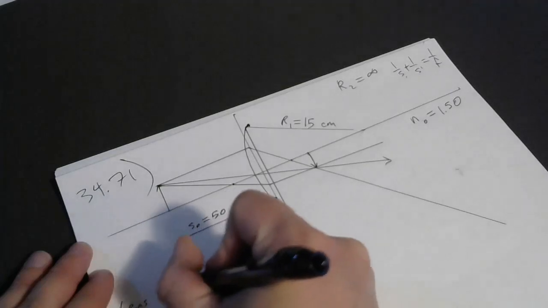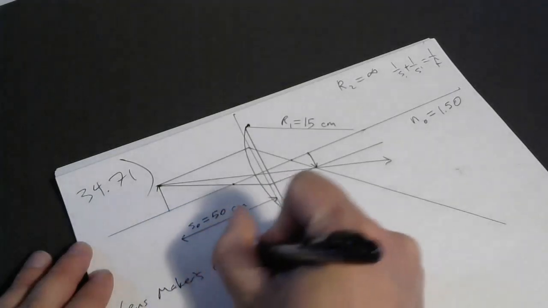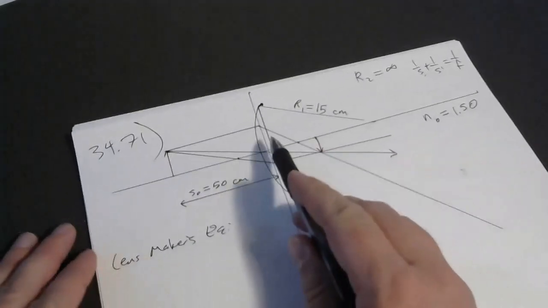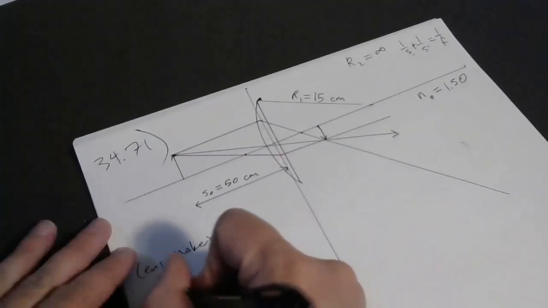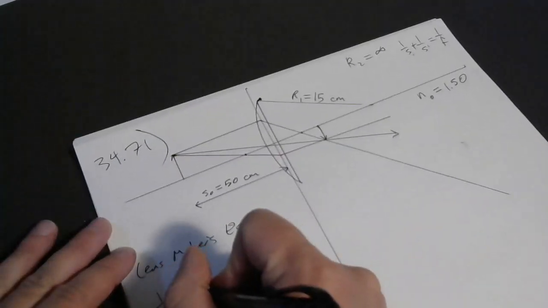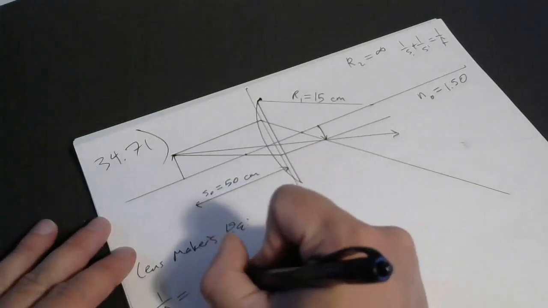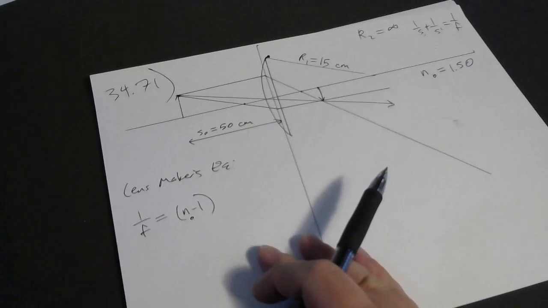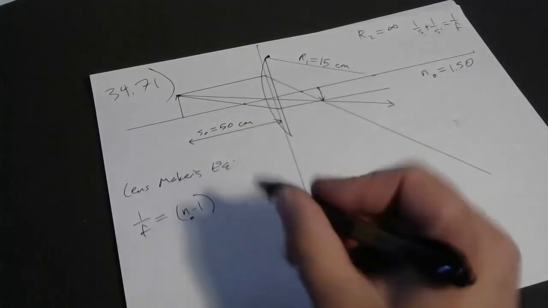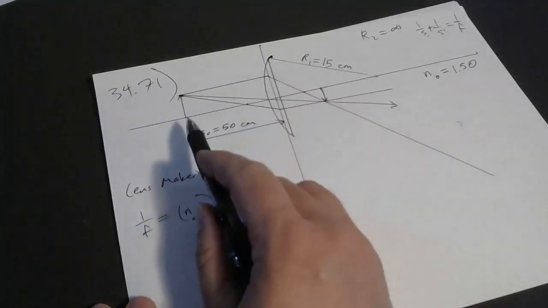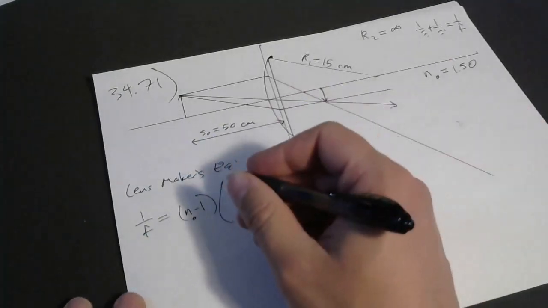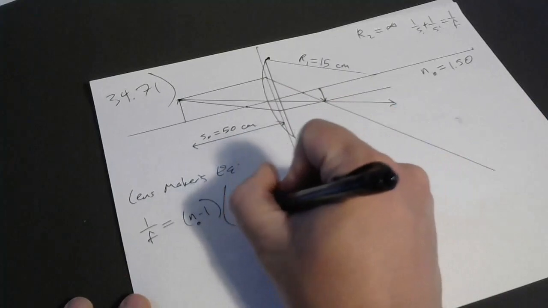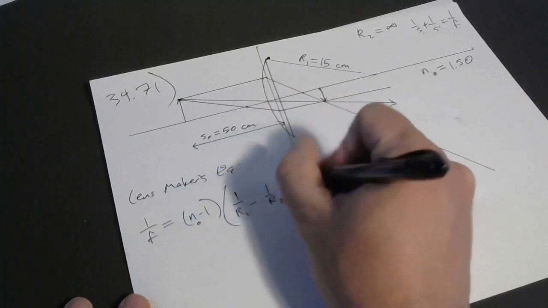Remember, lens maker's equation depends on the two radii of curvature. Okay, so the reciprocal of the focal length is n minus 1. I'm going to call it n naught because I'm acknowledging that in a moment we're going to change the index of refraction of the lens, times, and it just goes from left to right, 1 over R1 minus 1 over R2.